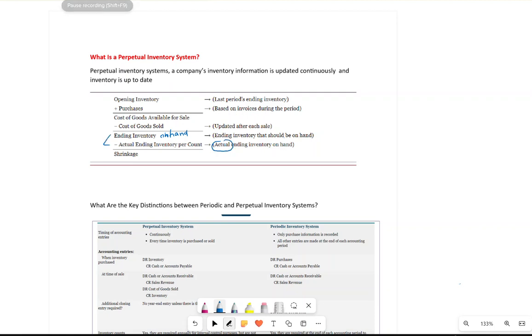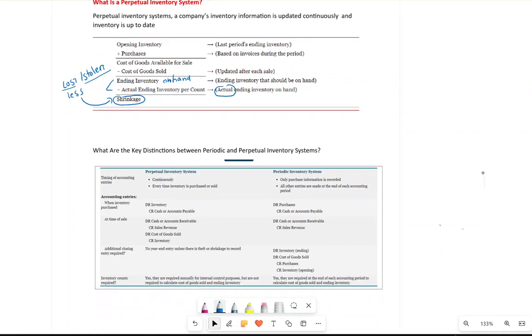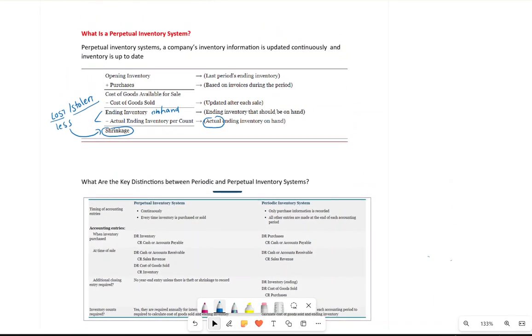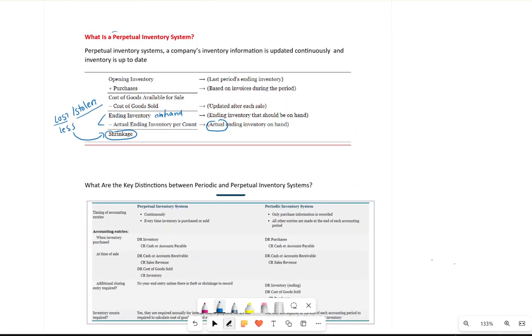The difference between the two, if you have less inventory, then we have a shrinkage, or we can say it's lost, or we can say it is stolen, right? So that's what is called a shrinkage. If you have a shrinkage, we ask why. Is it due to the inventory being lost, maybe it's broken, or it's stolen, or maybe something happened to that inventory.